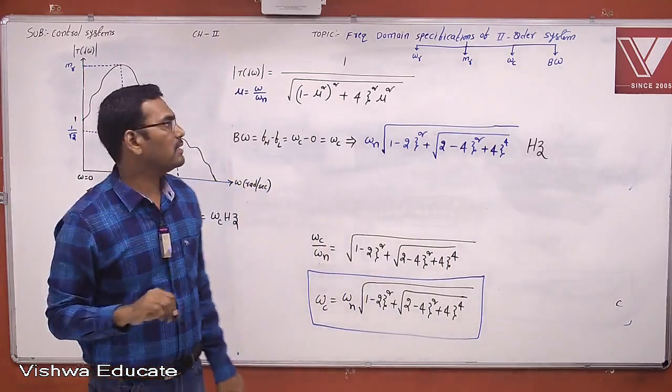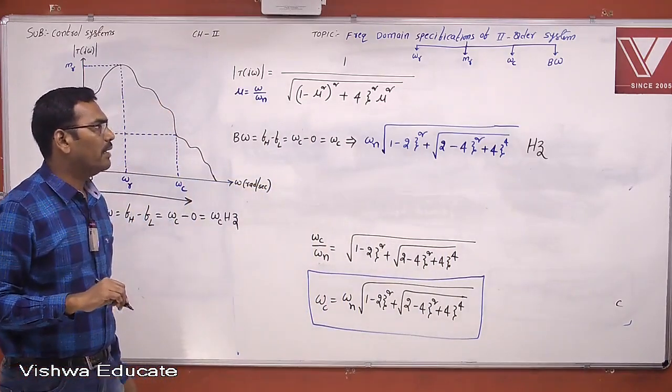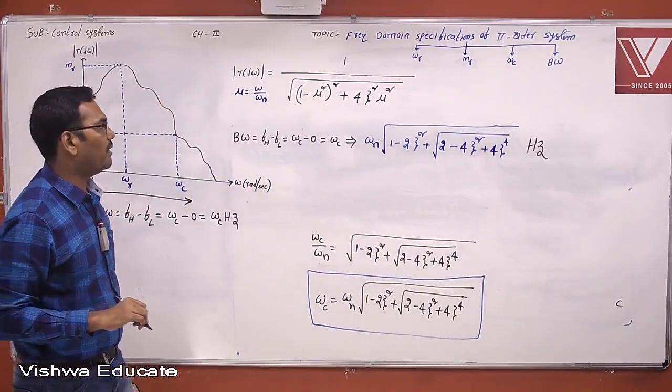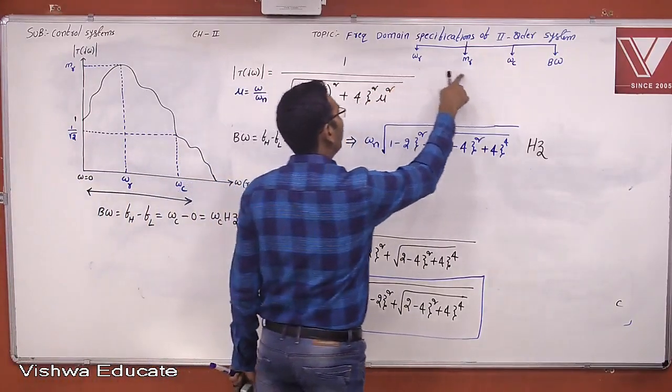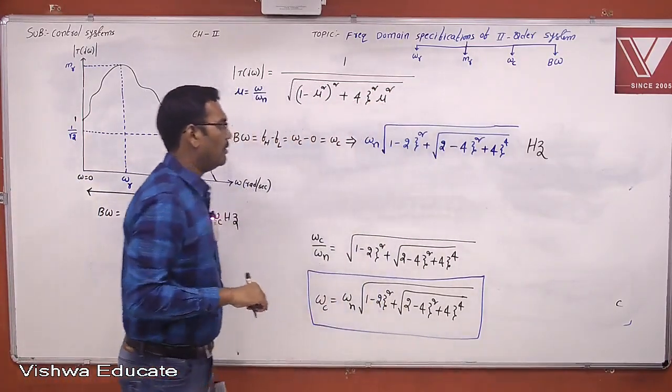Resonant frequency, resonant peak, cutoff frequency and bandwidth are the frequency domain specifications.